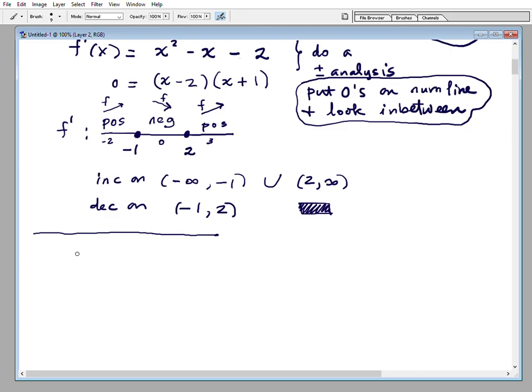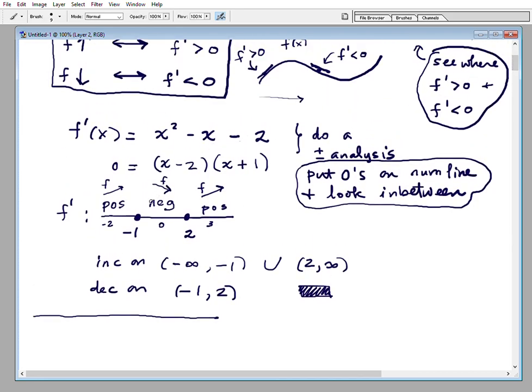All right, now let's suppose we want to find out when the function's increasing and decreasing. Like, let's look at this function here. This function looks something like this.